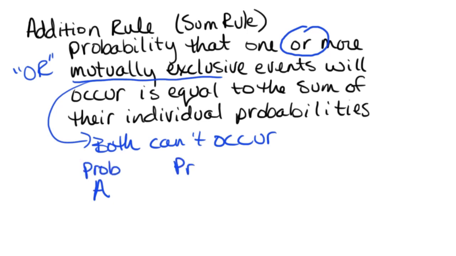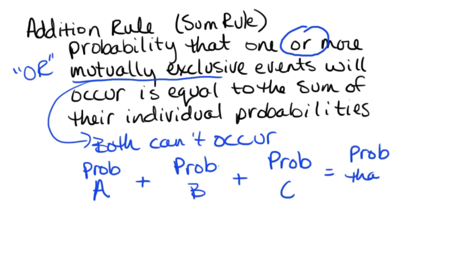And then we would have event B, and maybe we have event C as well. So if we wanted to know the probability that event A, B, or C is going to occur, we would figure out the probability of each one of these, and then we would add them together, and then we would get the probability that one will occur.